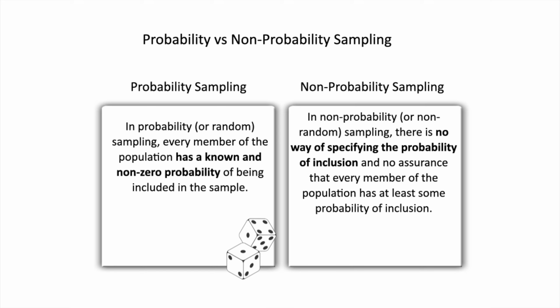This is what gives random samples their power. Everyone in the population, we know the probability of them being included in the sample, and we know that it's not zero. This lets us use things like inferential statistics, right?